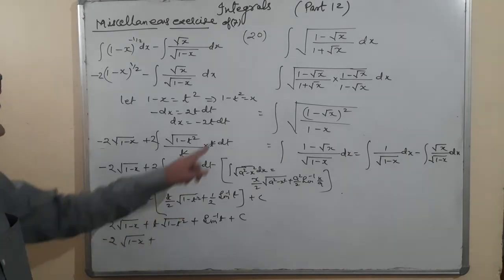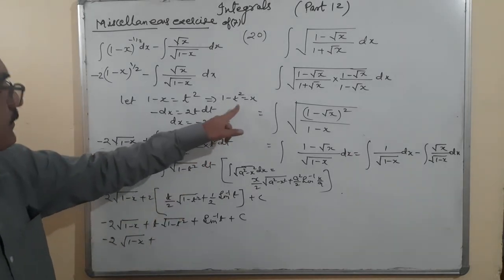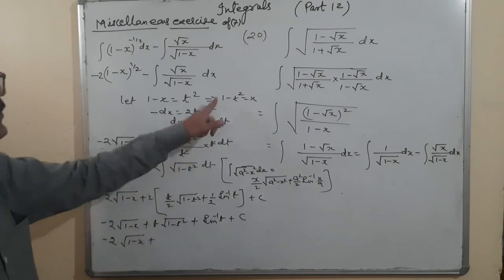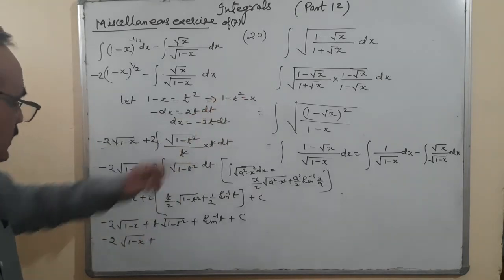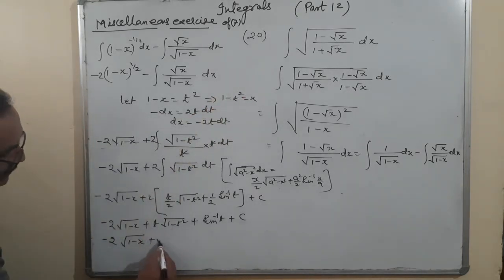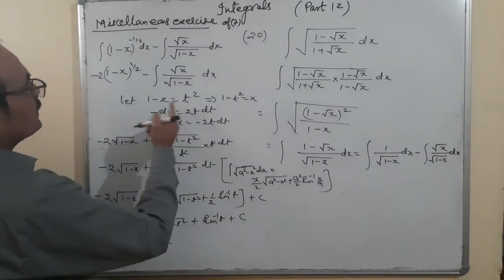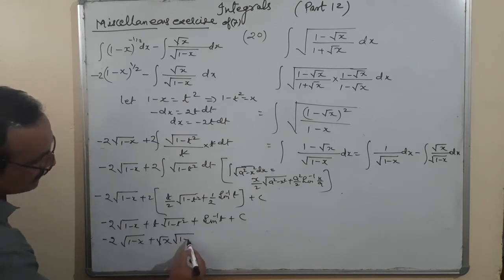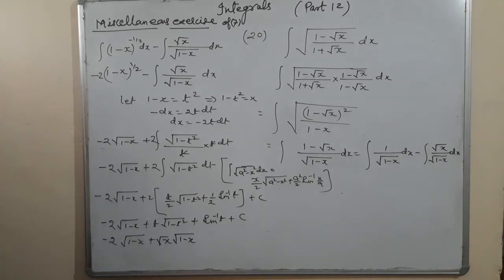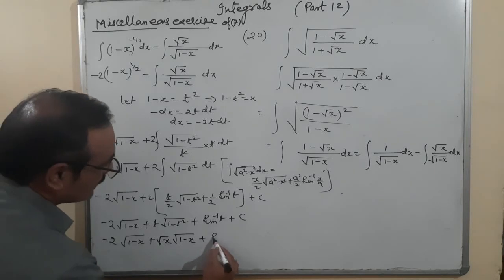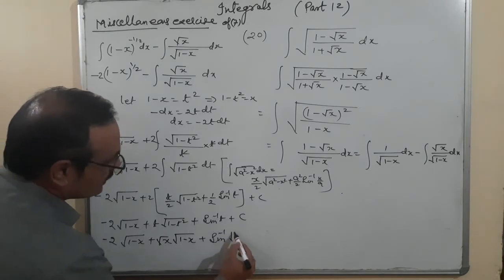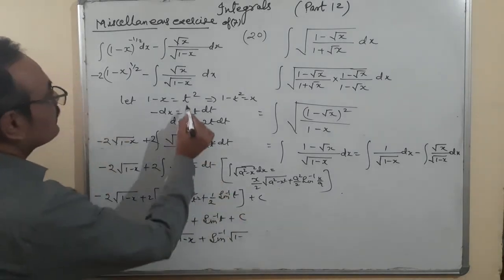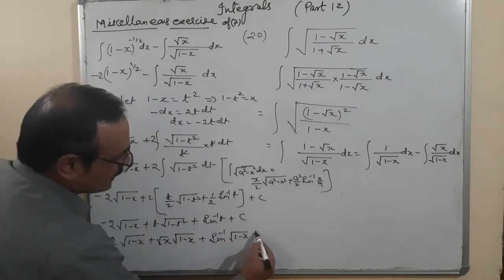Under root 1 minus t square is in the form of root x, so I put here under root x. And what is the value of t? The value of t is under root 1 minus x. Okay. Plus sine inverse under root 1 minus x plus c.